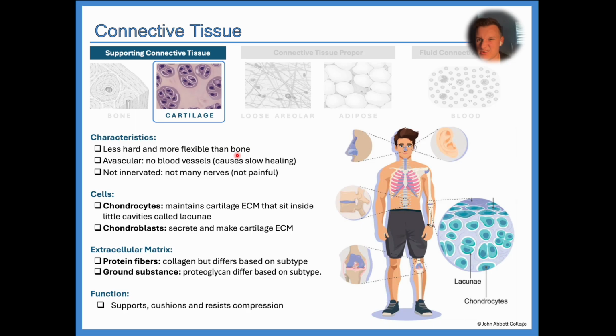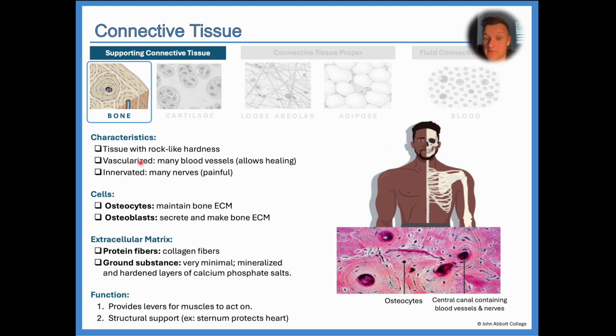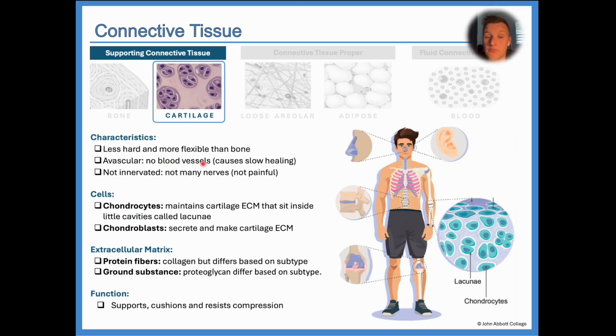But it's still hard, but it's a little bit more flexible. It is avascular. Bone was vascular, right? So there are no blood vessels. This causes very slow healing. If you don't have blood going somewhere, you can't heal that tissue. So that's why, if you pierce your cartilage, like in your ears, it takes long to heal.